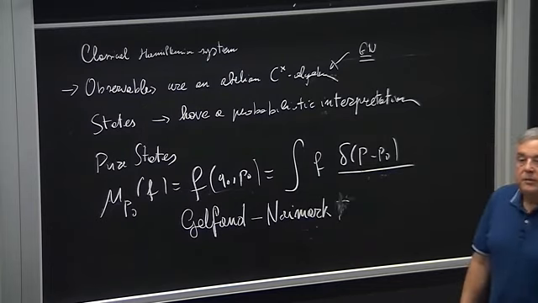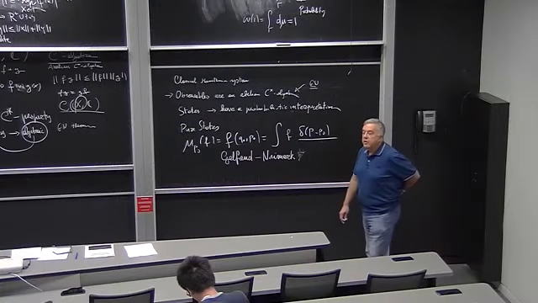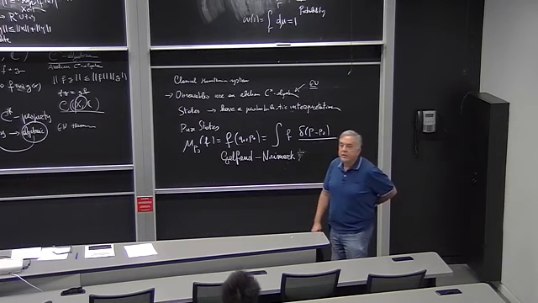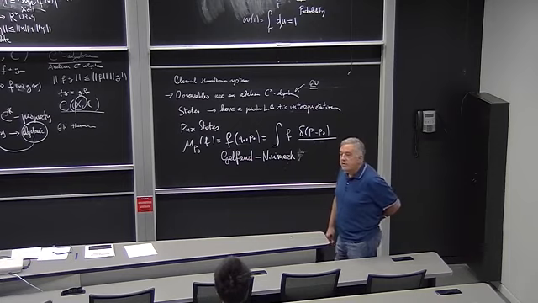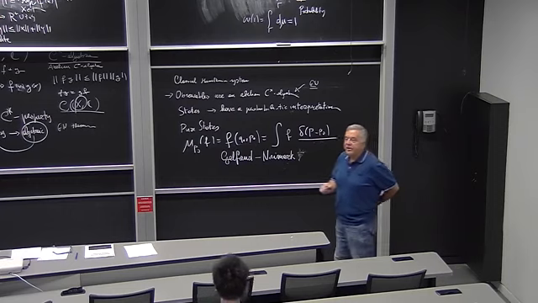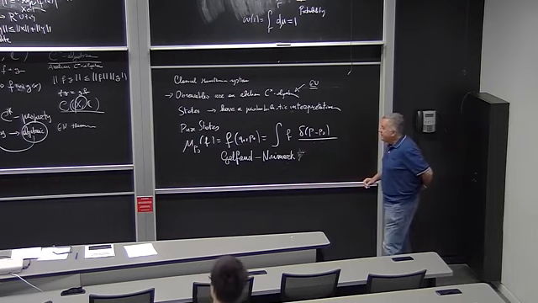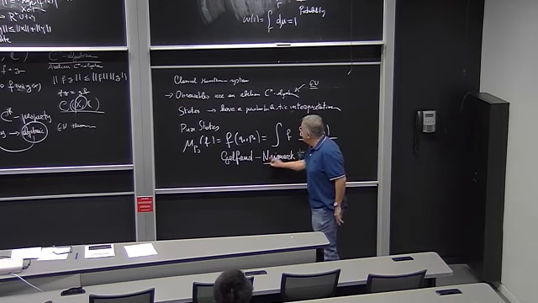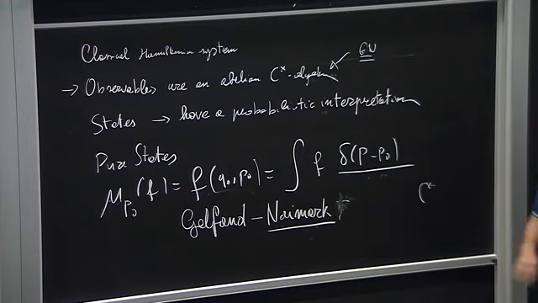He was a mathematician, physicist, biologist, probably one of the most important mathematicians of the 20th century. I had the privilege of knowing Gelfand personally. He even wrote a letter of recommendation for me when I was looking for a place. Naimark also studied a lot the theory of C-star algebras, but also the representations of the Lorentz group.